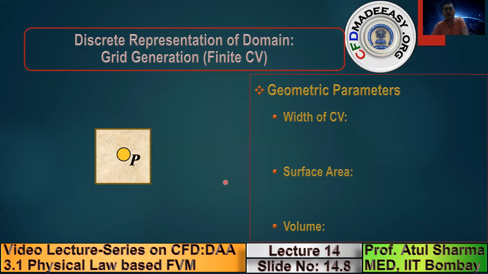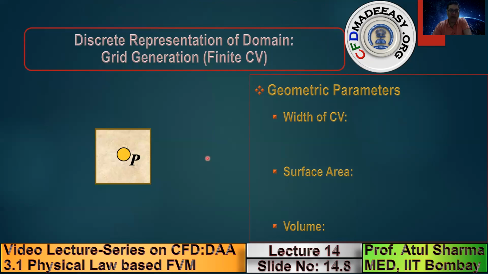So the coefficients of the linear algebraic equation that we derive from the physical law based finite volume method consist of two things. One is the geometrical parameters that I am presenting here. The geometrical parameters correspond to the surface area of the control volume, the volume of the control volume, and the distance between a representative grid point and its nearest east, west, south, north neighbors.